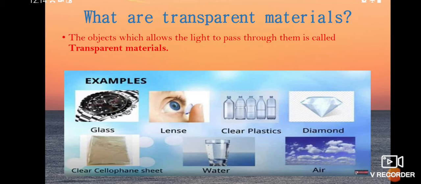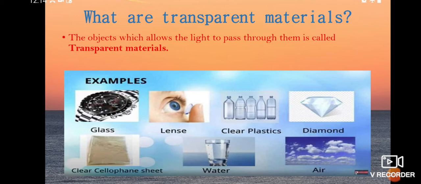Now if the light ray travels from one transparent material to another transparent material, what will happen? We have to find out. What happens when the light passes from air to glass? You can take that example.